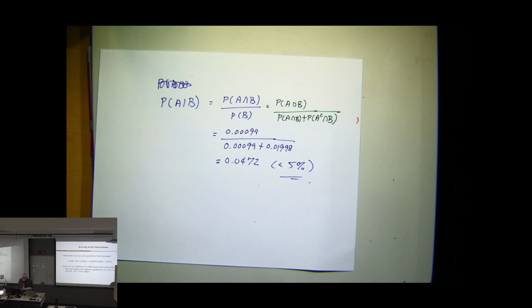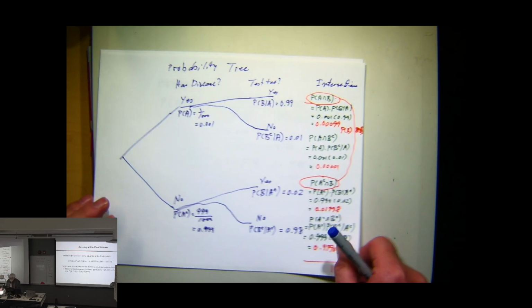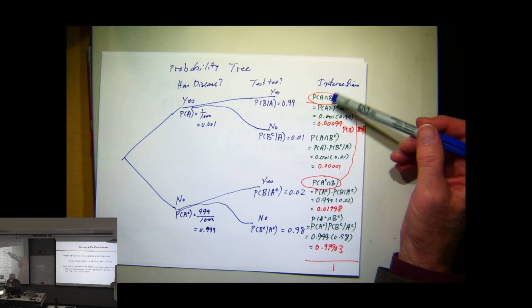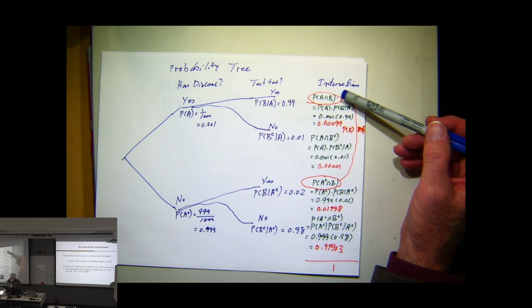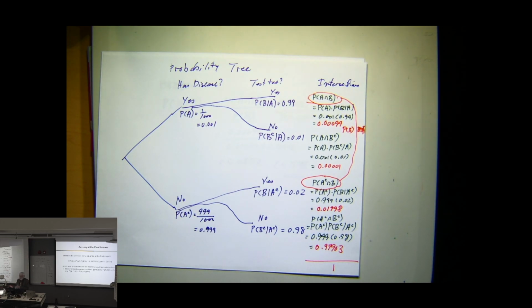But what we do know is that the probability of B is simply the sum of the probability where B occurs with A and the probability where B occurs without A. So it's just that decomposition of the probability of B. If you think of a Venn diagram, B will either occur with A or without A. And so if we add those probabilities for those two intersections together, we get the probability of B.